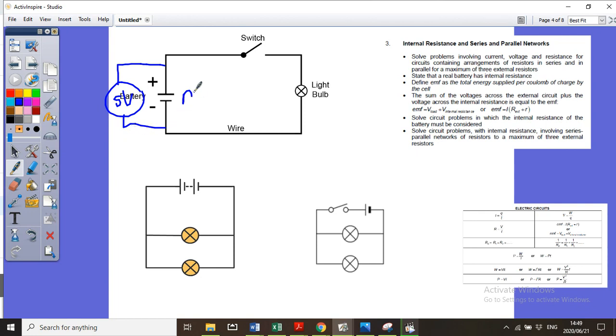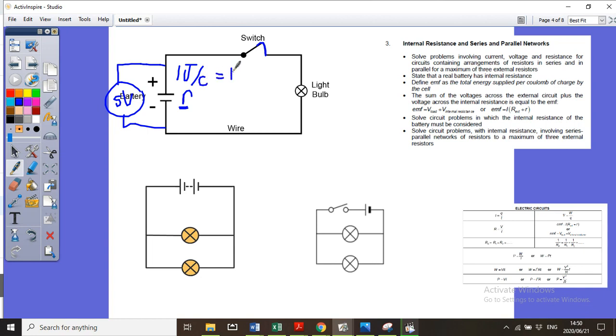But as soon as I close the switch with an internal resistance, some of the 5 joules will now be used inside the battery according to the internal resistance, which is also a constant. So some of the 5 joules will not reach the outside. Let's say this battery of ours uses 1 joule of energy per coulomb.